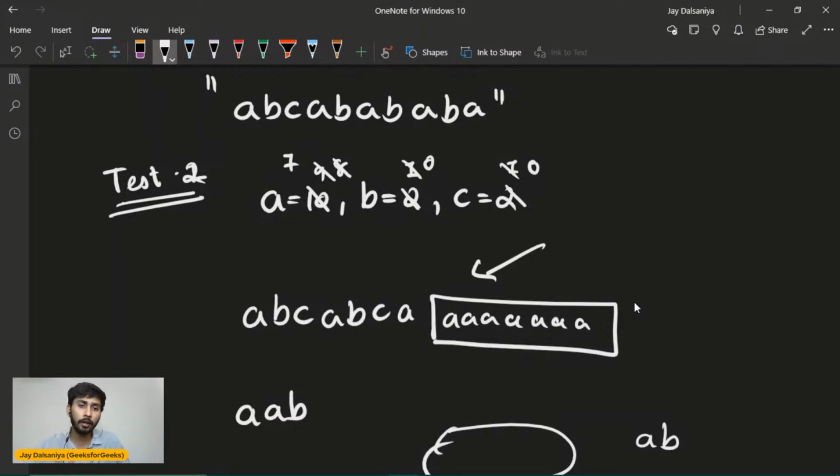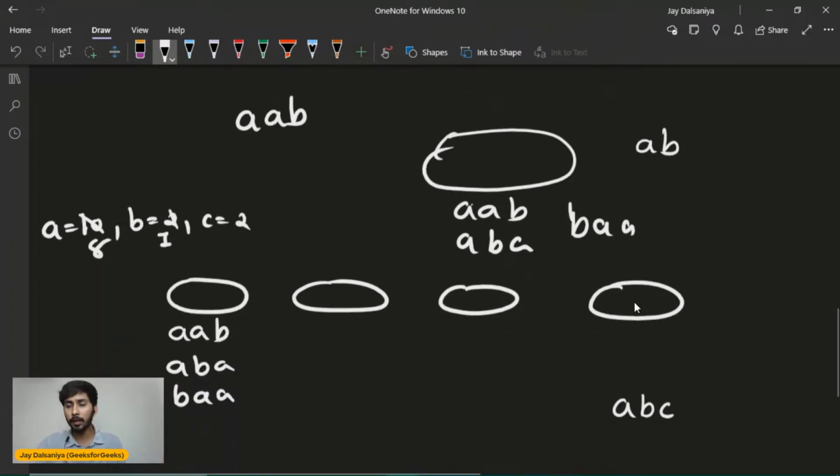So that's why I thought let's keep the highest frequency character in the same triplet. So this was the observation, and from that I came to know, let's try to keep the highest frequency character together, because at the end only the highest frequency character will be remaining, and that would give me a wrong answer.